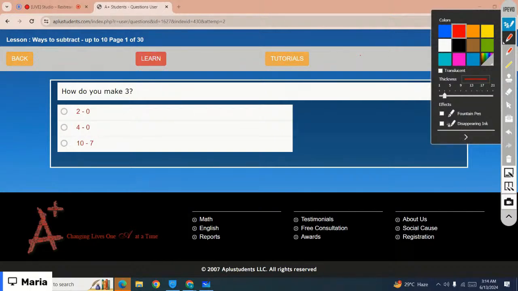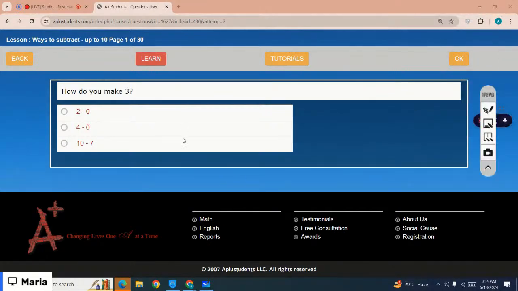And 10 minus 7 is again 3. You have to select the one that makes 3. So the correct option is option number, yes, option 3 is the one that makes 3, right? 10 minus 7 is the correct option.